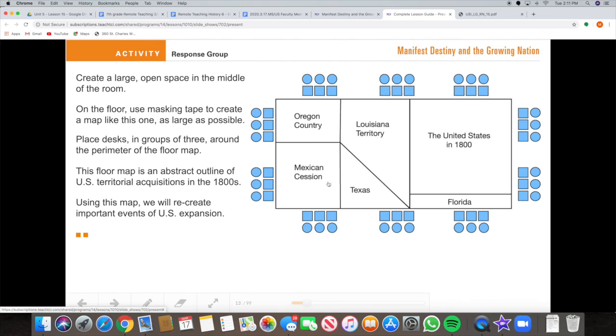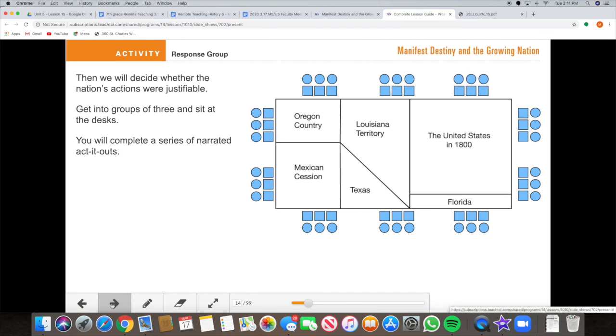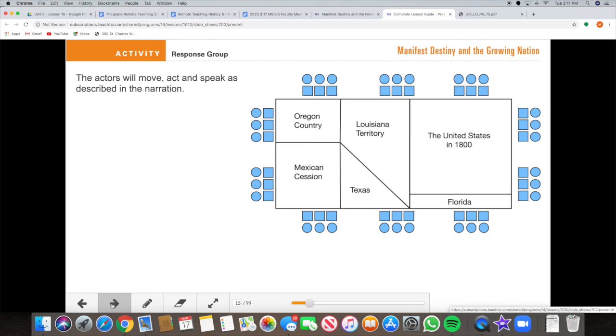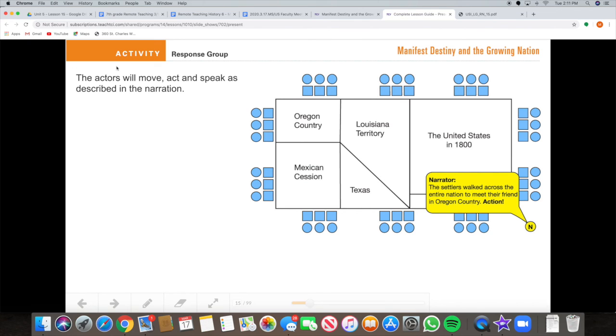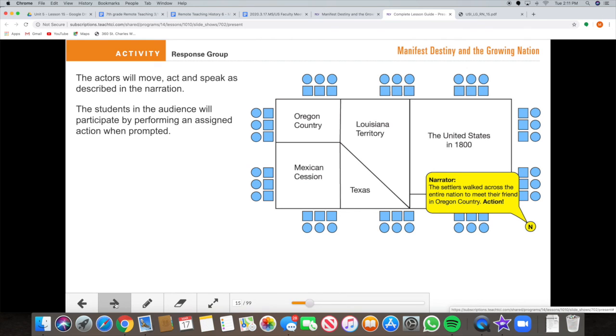So again, you're just drawing this in your notebook, nothing else. We can't have any people acting anything out, so we're going to do an adapted version of this. So this is just giving you a preview on how to participate during this activity.